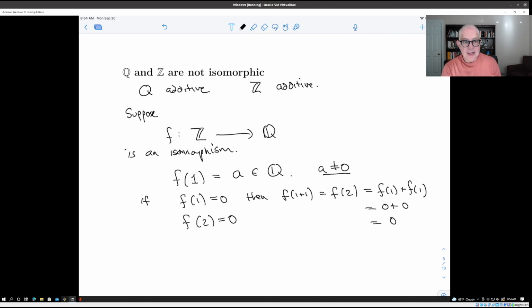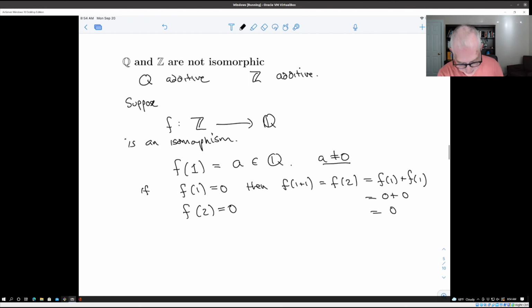And that would contradict the fact that this is bijective because we'd have 2 points that go to the same element. So this shows that if f of 1 equals 0, then f is not bijective. So f of 1 is some non-zero element a.